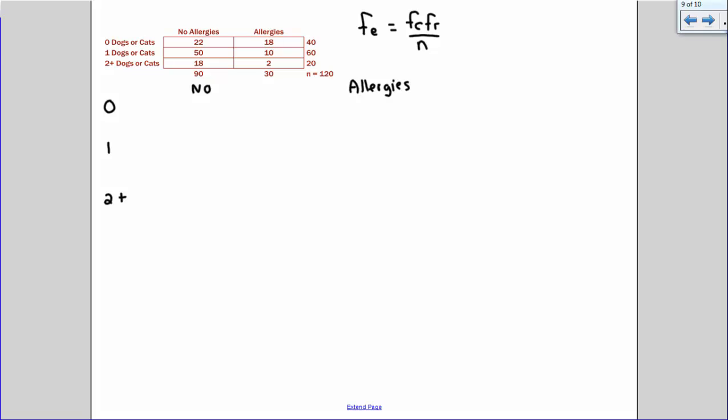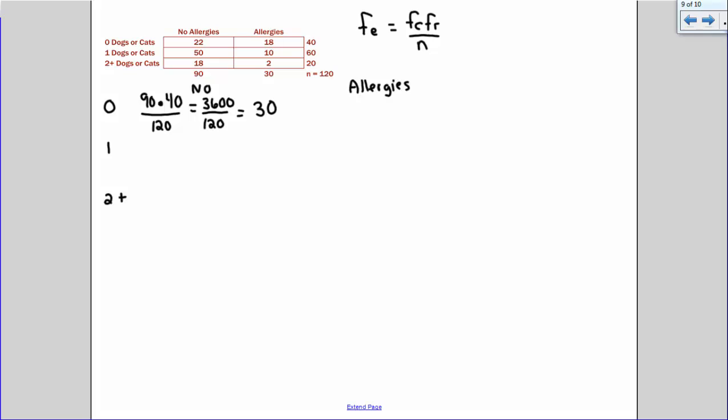So for no allergies, 0 cats or dogs, the frequency for that column is 90. The frequency for that row is 40. So 90, 40. And the sample size is 120. So 90 times 40 is 3,600. Divided by 120. And we get 30.